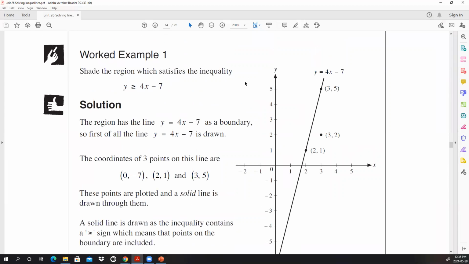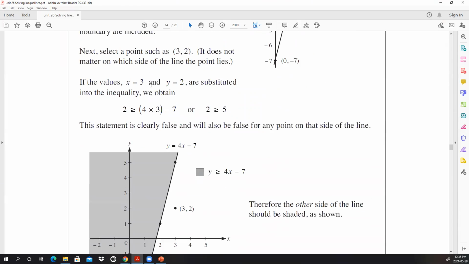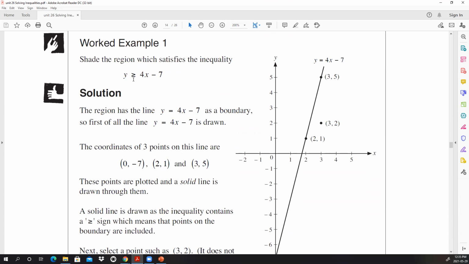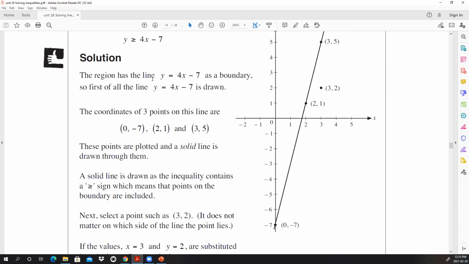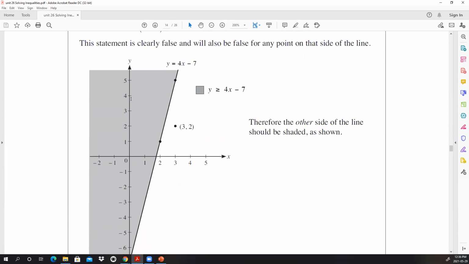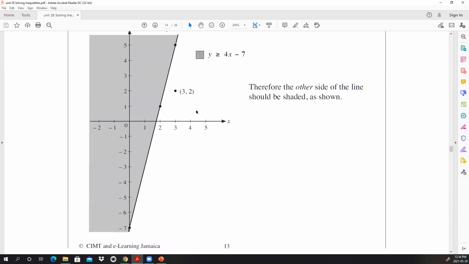Now, the other part says you need to choose which side, right? Say I want y being greater than or equal to 4x minus 7. So you need to choose a side. It's either this side or this side.